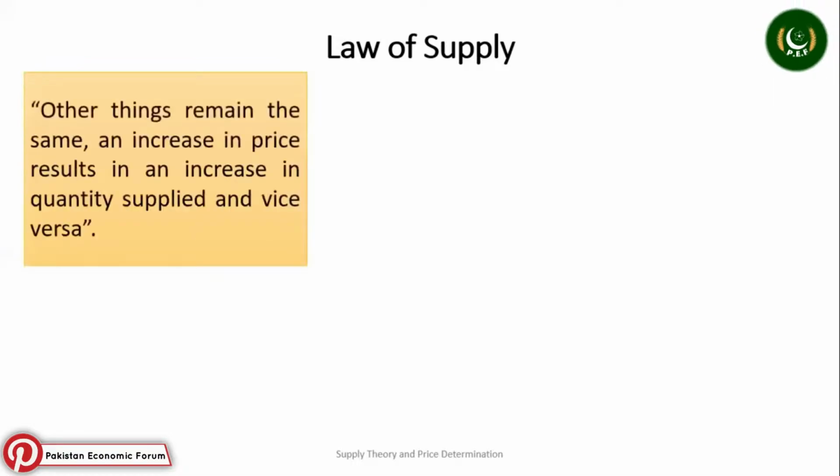Therefore, when other things remain the same, an increase in price results in an increase in quantity supplied and vice versa. That is, there is a positive relation between price and quantity supplied in the market.